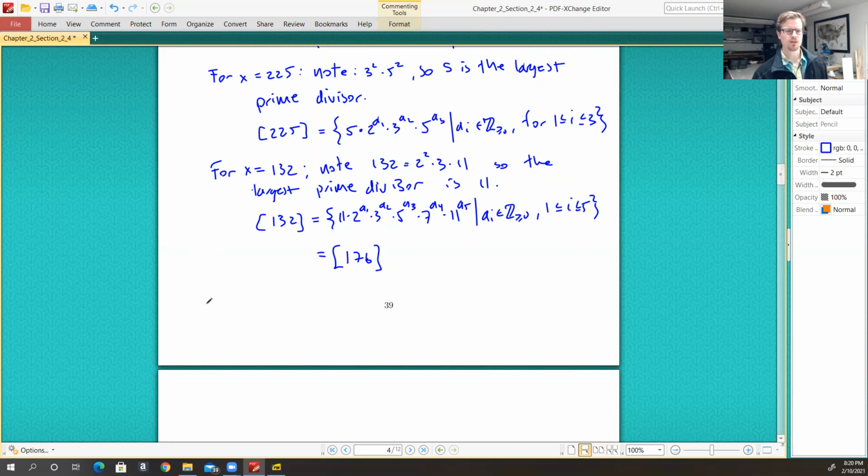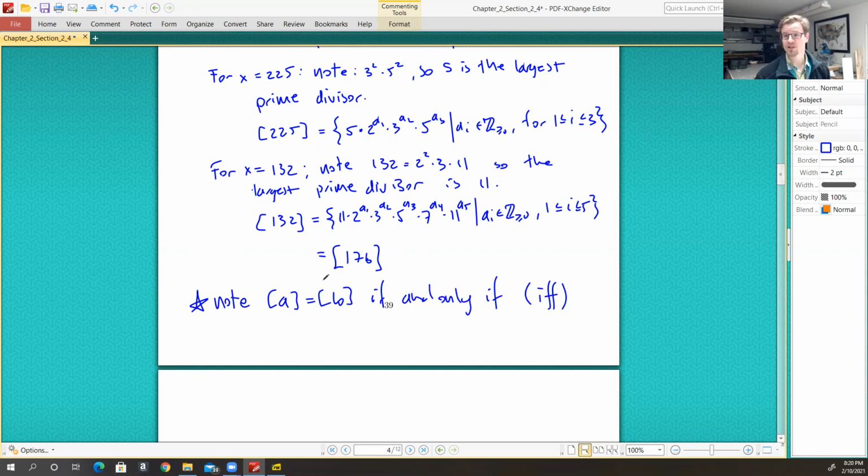So one thing that we want to note here is that two equivalence classes, A equals B, are equal if and only if, which really quickly will be shorthanded to iff in the future, their representatives are related to one another.